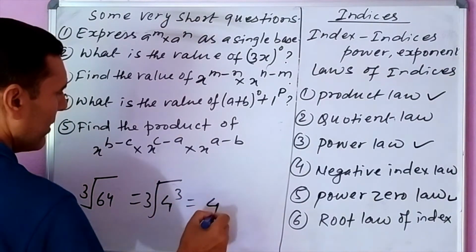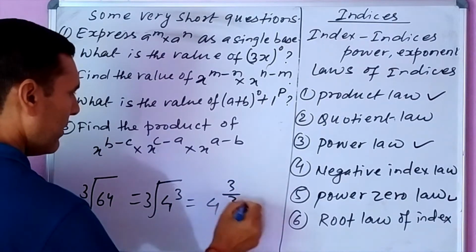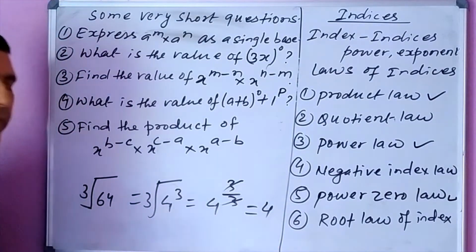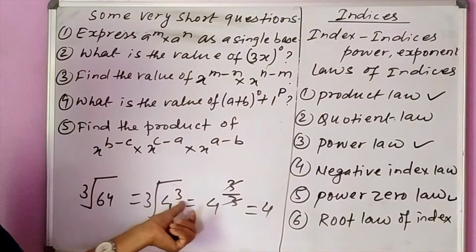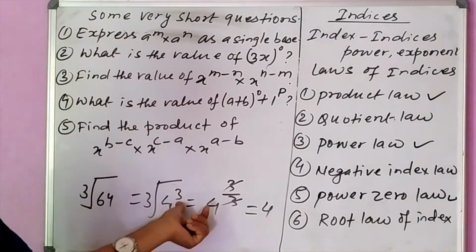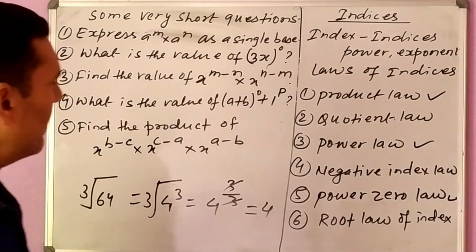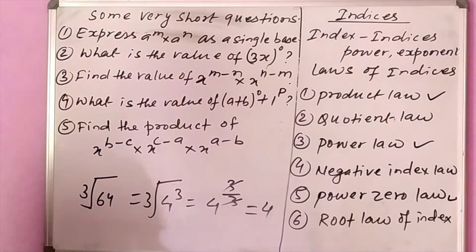So this can be written as 4 to the power 3 upon 3. 3 cancels, so it gives 4. So this 3 goes to divide this 3. Order goes to divide the power of the radicand. Don't forget it. This is known as the root law of index.